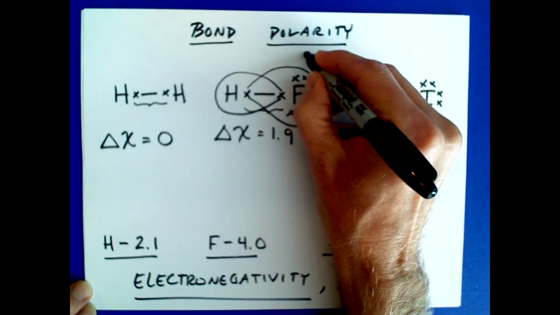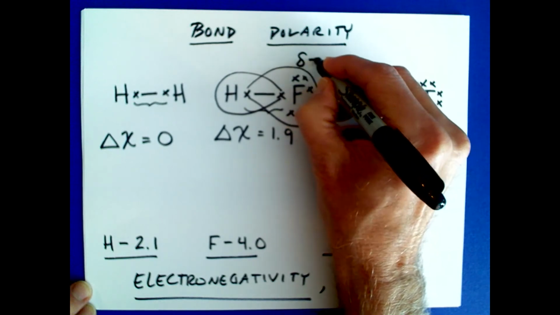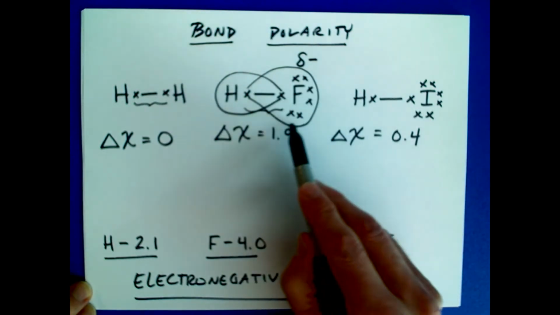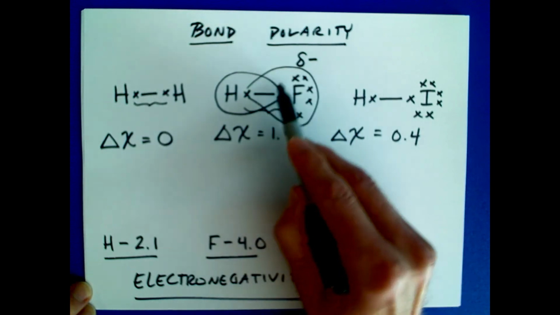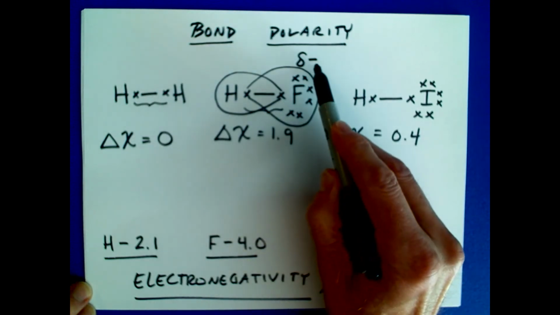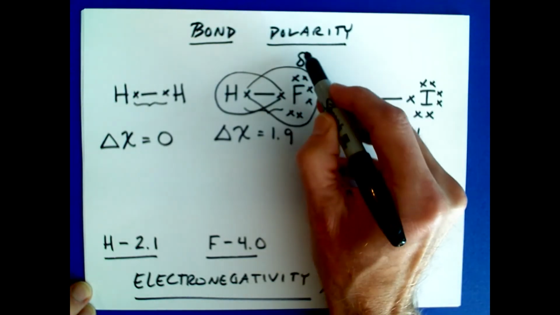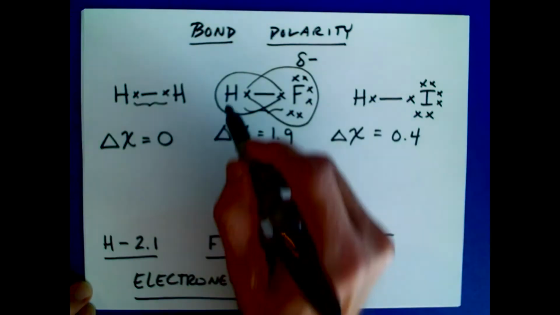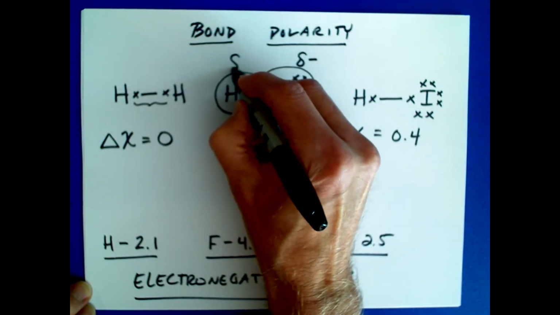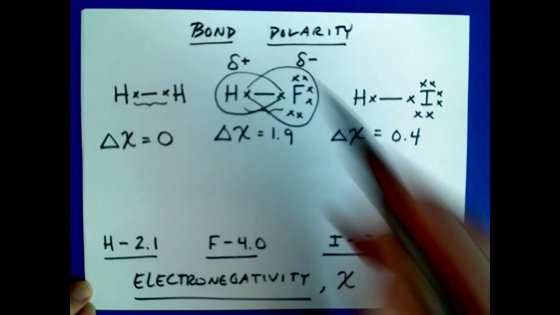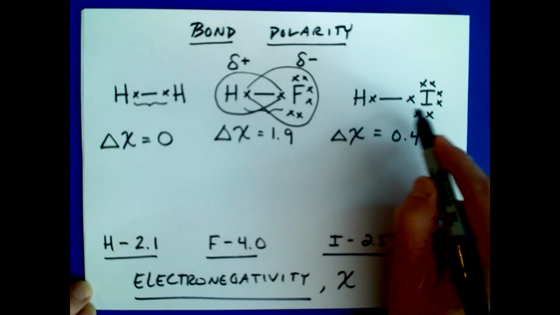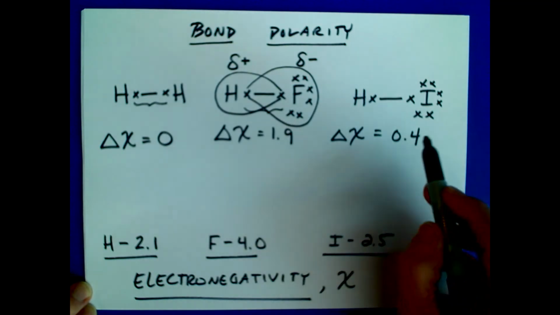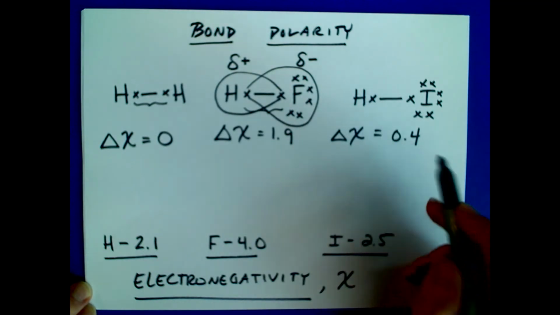And that gives fluorine a partially negative charge, not a full negative charge, but the time that the electrons spend around the fluorine more often gives it a charge that's partially negative, symbolized by this Greek little delta and then a negative sign. And then, of course, the hydrogen is going to need to balance that negative with a partial positive charge.